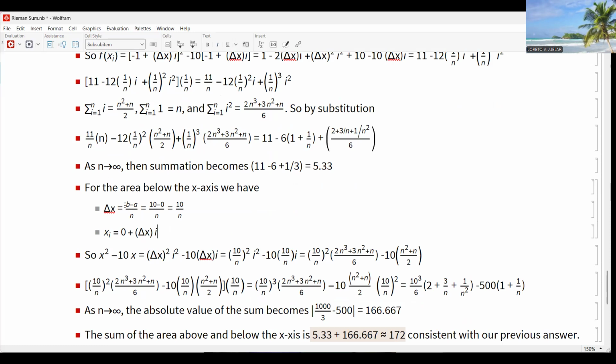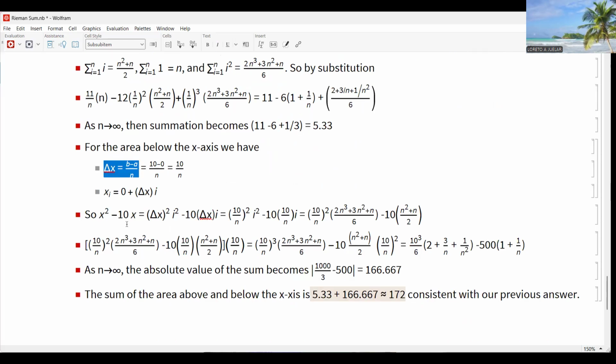So by using this, we have this. Our xi is here, our n here is equal to i. So x squared minus 10x, by substitution here, our delta x is equal to 10 over n.